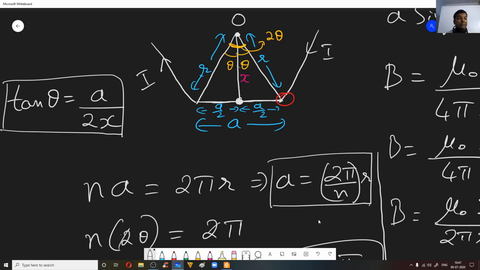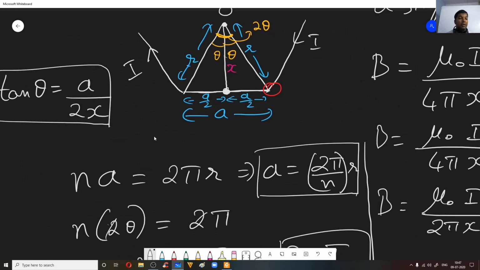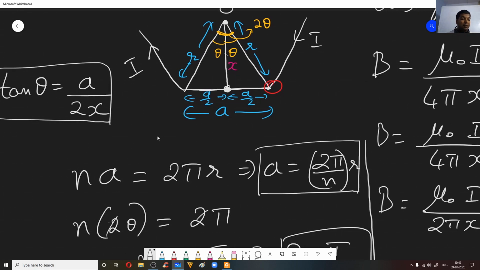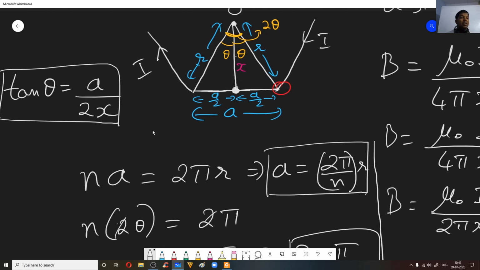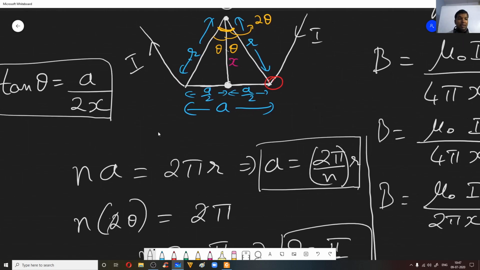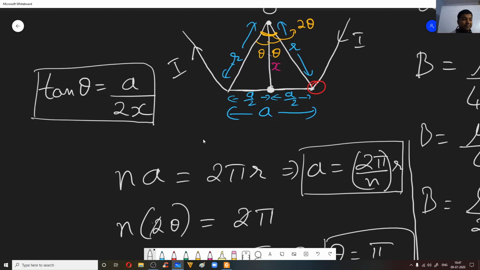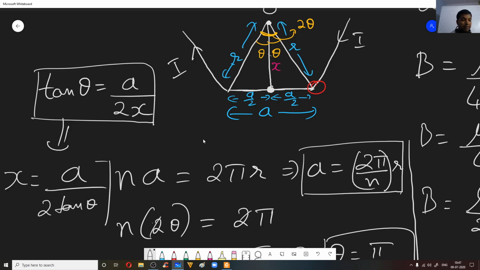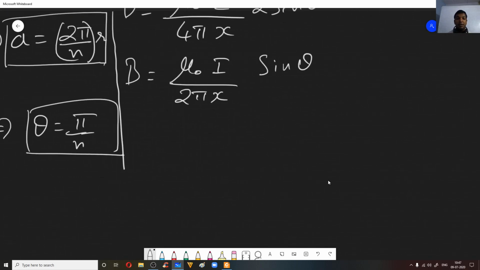Now I need to substitute for x, so you can write x is equal to a by 2 tan theta. Now let us put that value here.